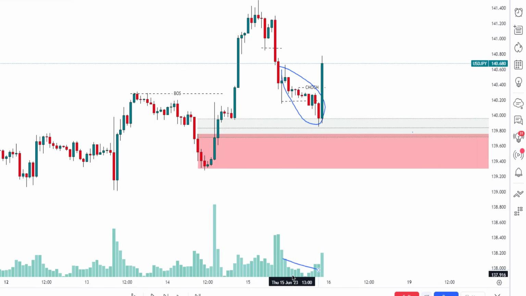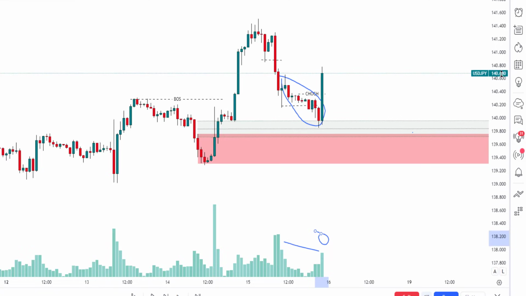Right here, the volume has completely dropped down, which is telling you that the momentum of the sellers has reduced massively. As it comes to this place, look at the bullish candle that price printed. Compare the volume of this bullish candle and this retracement, which is telling you that this is an indication that the bulls are here.